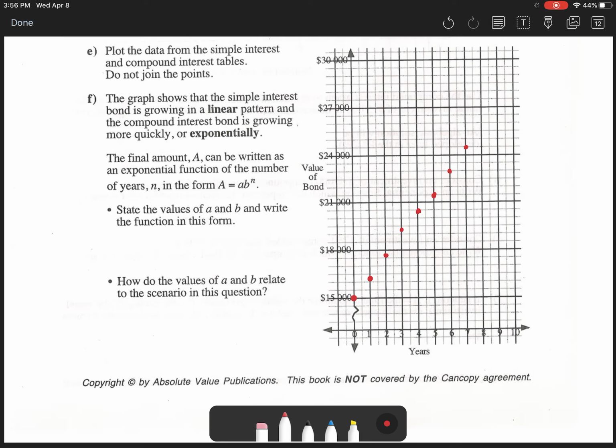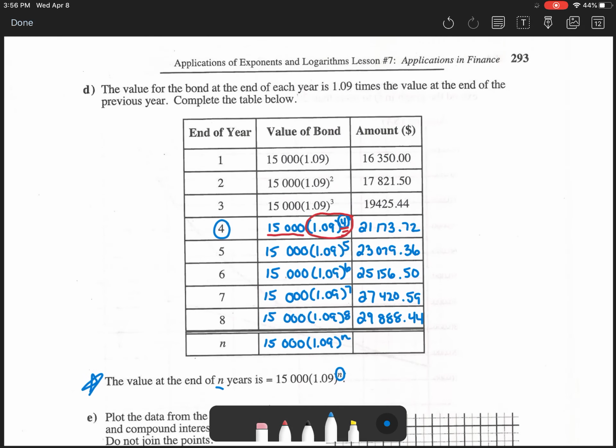And then finally, year 8, 25,800. So 25,000 and 800. You can see that the shape there of those red dots is pretty linear, and that's exactly what they are saying it will be. Linear right there for our simple interest.